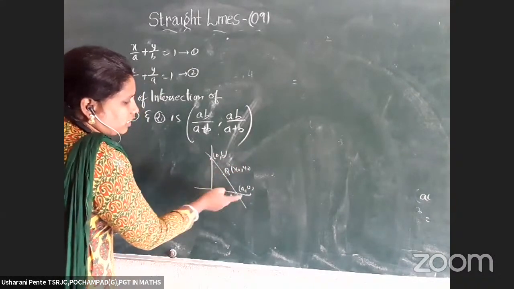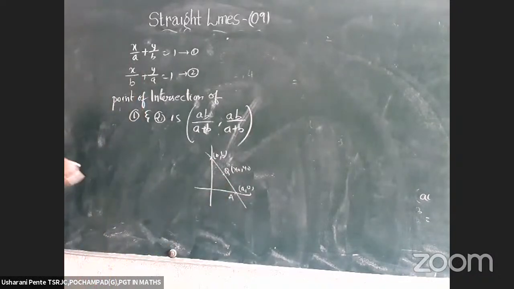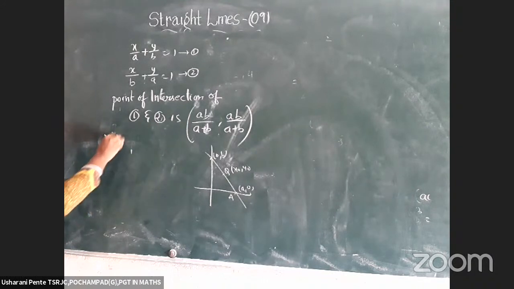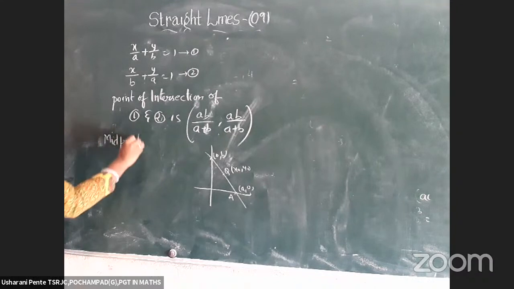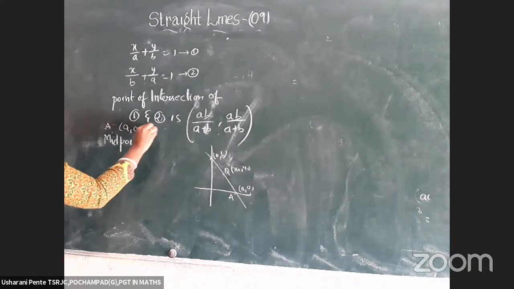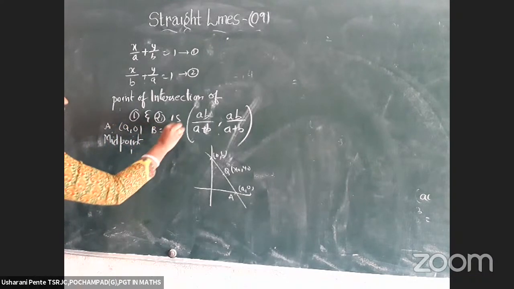Then the coordinate A is given by the x-intercept, that is, if we apply the midpoint formula. So how can I get the midpoint? We have point A is equal to (A, 0) and B is equal to (0, B).